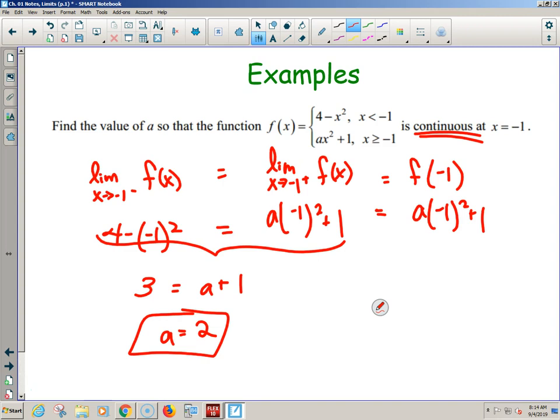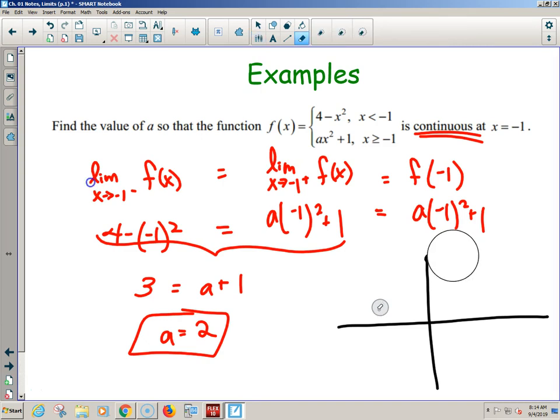So if I was to actually graph this, which there's no purpose for you to unless you're a very visual learner, I would have a quadratic that's been shifted up 4, a downwards facing quadratic, although he's less than -1, so actually he's not here. Instead, he's going to be, 4 minus 1, he's at 3.